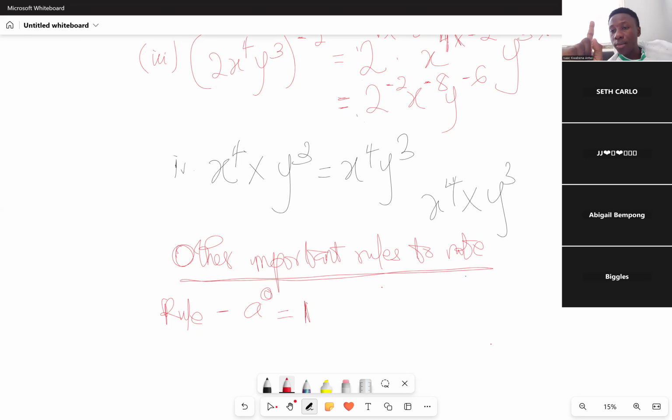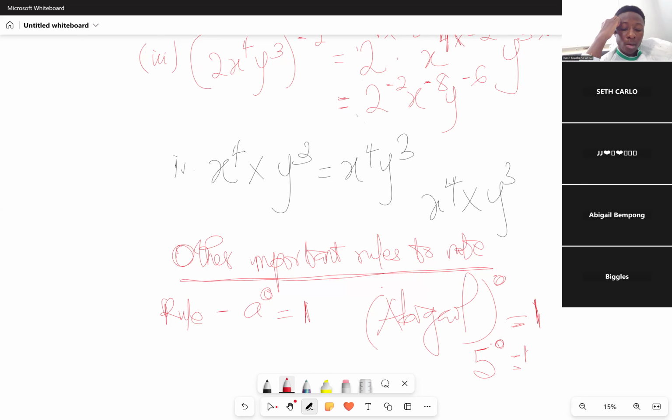It changes to 1. So if I'm writing a to an index of 0, the answer is 1. In the same vein, 5 to the index 0 is 1. Do you have any question about this?